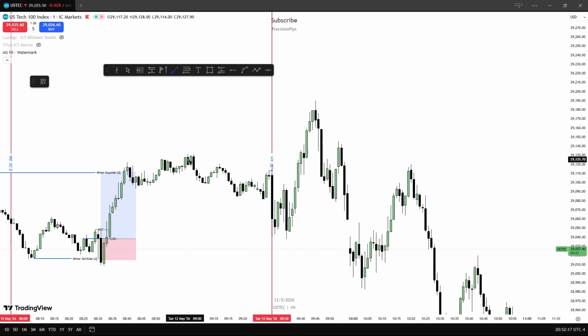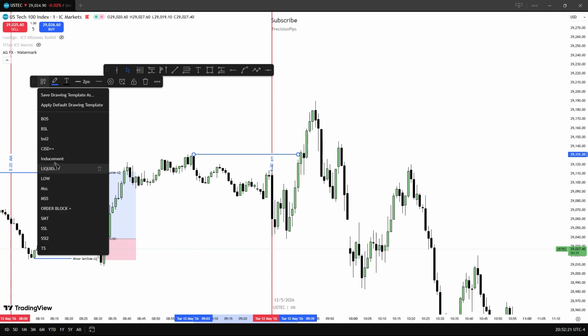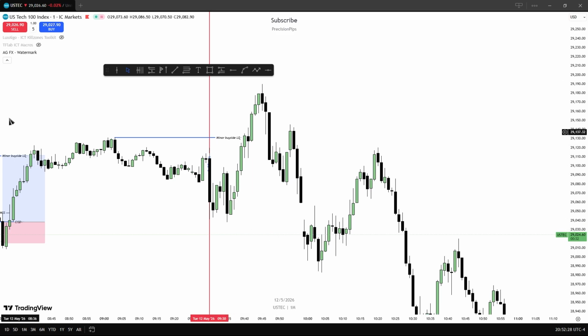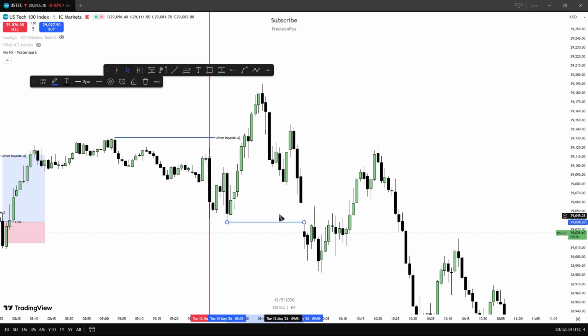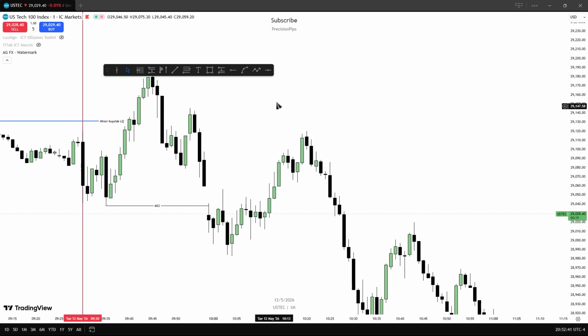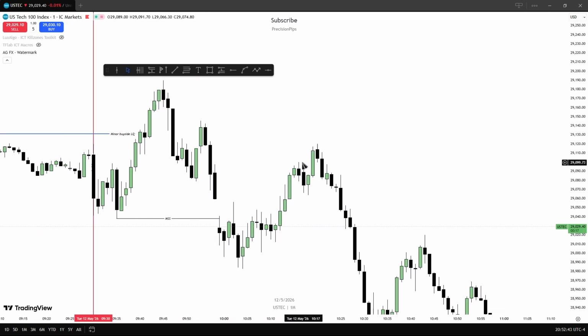We have a buy side liquidity here. It got swept. Then we need to see a market structure shift, which occurs here, a market structure shift to the downside, which indicates we are in bearish momentum. Then we need to look for our point of entry.